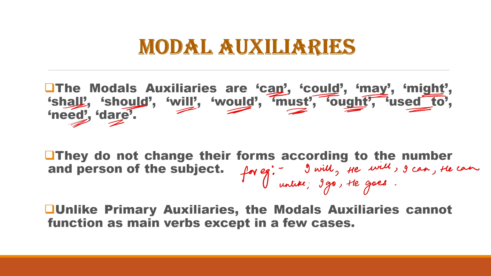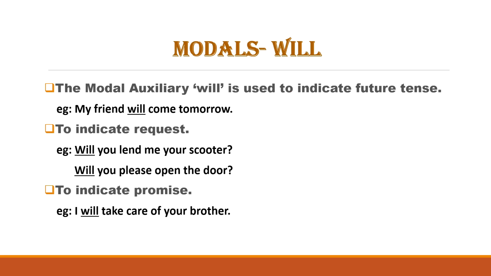So, is it clear? Now, next, unlike primary auxiliaries, the modal auxiliaries cannot function as main verbs except in a few cases. So, they cannot function as main verbs. Now, we will study modal auxiliaries in detail.